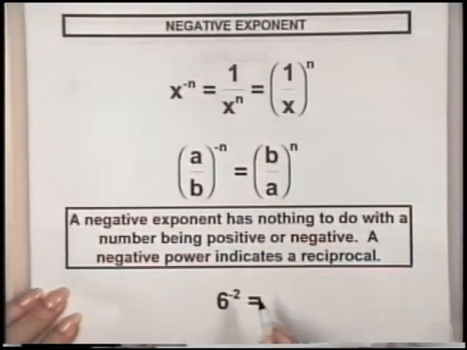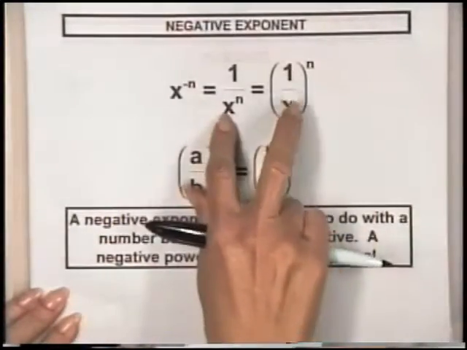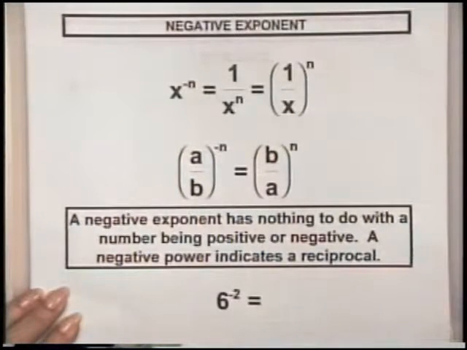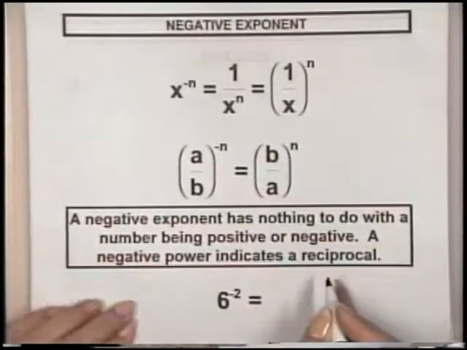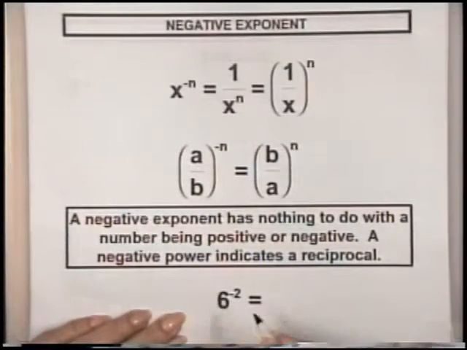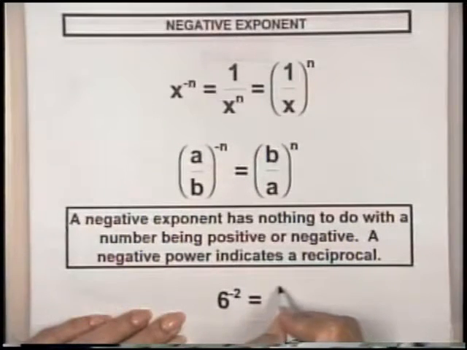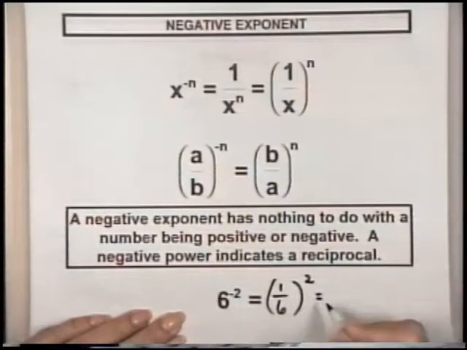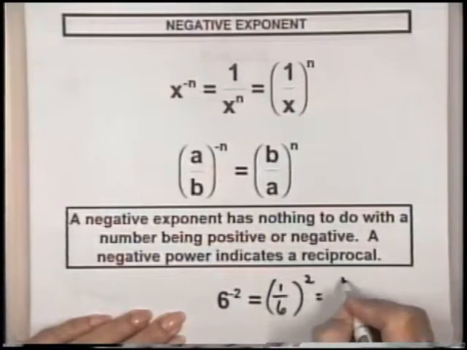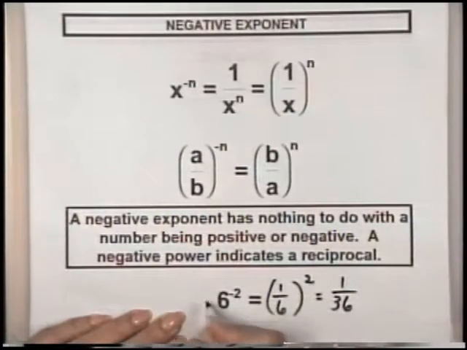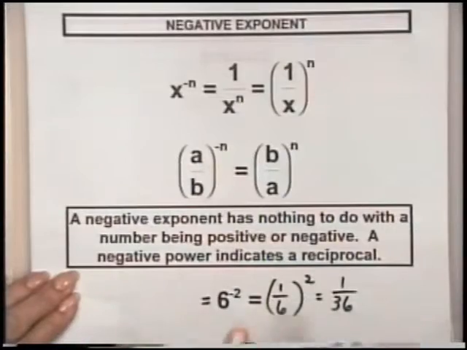Now, I want to take this 6 to the negative second, and I'd like to use both these rules on 6 to the negative second. To begin with, I can say 6 to the negative second is equal to the reciprocal of 6. The reciprocal of 6 would be 1/6 raised to the second power, or 1/6 squared. When I square 1/6, I get 1 over 36.